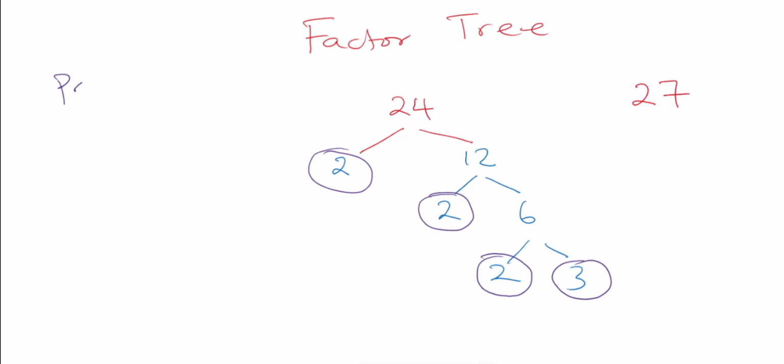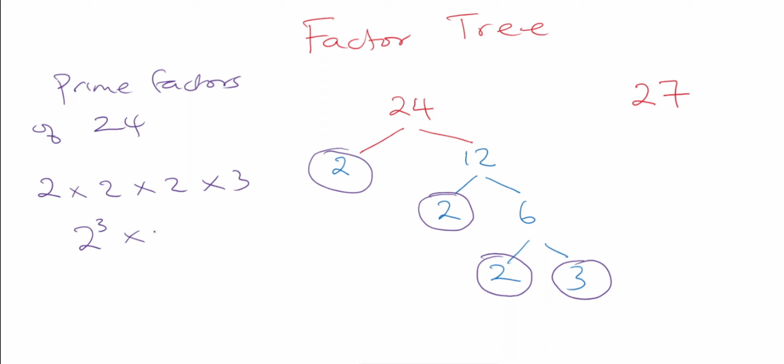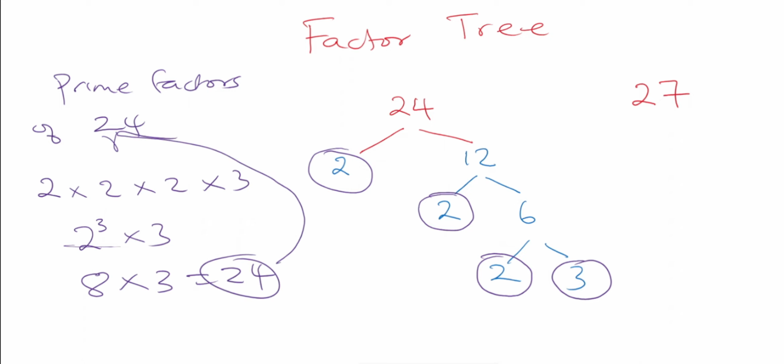So prime factors of 24 are 2 times 2 times 2 times 3. Or I can tidy this up and simply say 2 to the power 3 times 3. And if I want to be sure I'm correct, let's analyze this arithmetically. 2 to the power 3 is 8. 8 times 3 is 24. And that is the number that I began with.